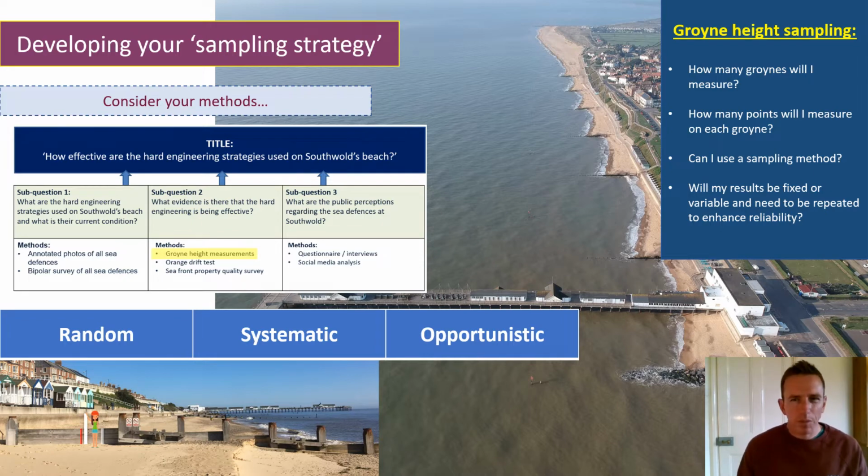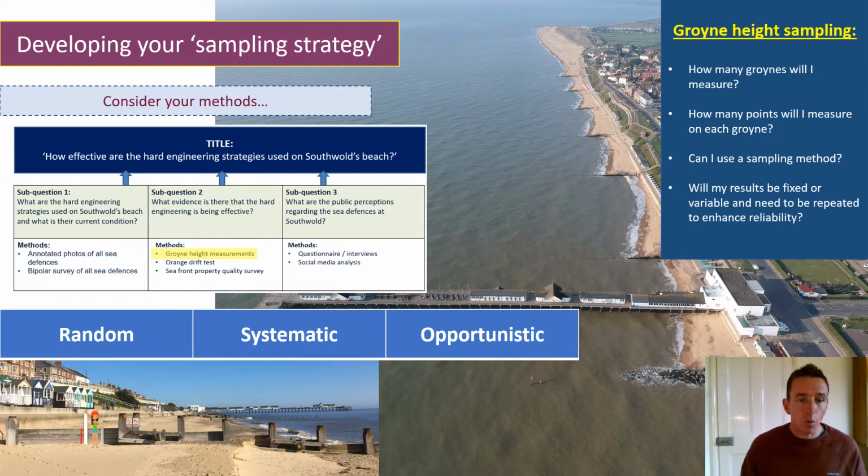So it actually wouldn't be appropriate for you to measure there. It would actually be better for you to move your measurement either up a little bit or down a little bit down that groin, so you had a consistent measurement to the top of the horizontal beam. And that's what we'd call opportunistic. It's where you have more of an opportunity to move your sampling site to a place which is more appropriate, or maybe where the access is better.